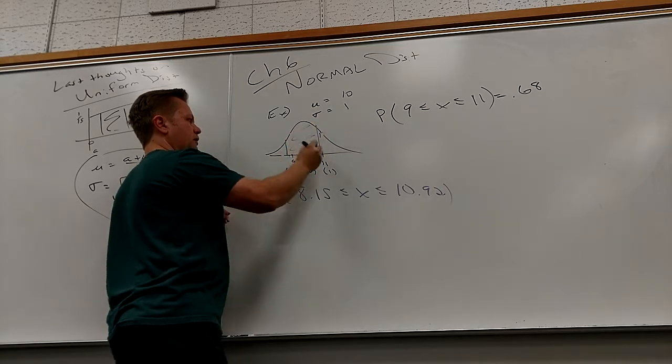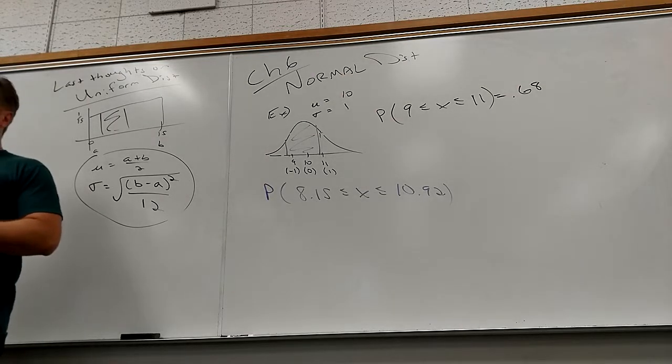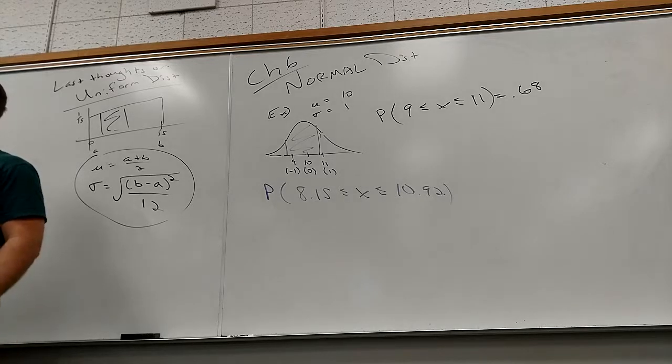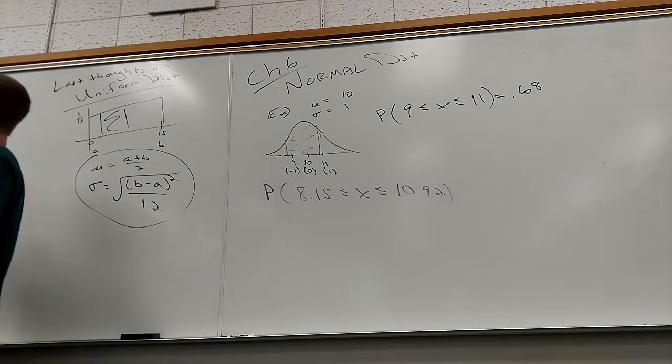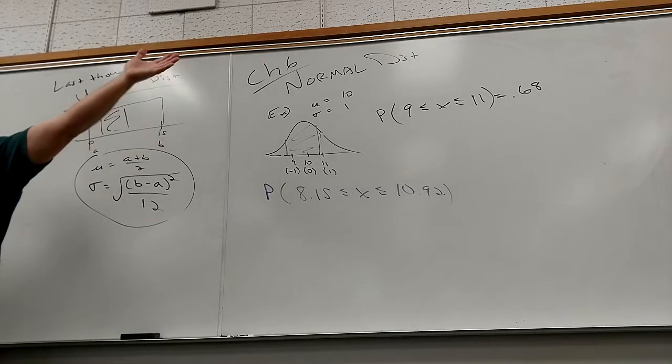I want to know this area. We currently cannot do that. In order to do it the way we did with this, I'd have to find the area of that, and we don't have any geometric formulas that do that.